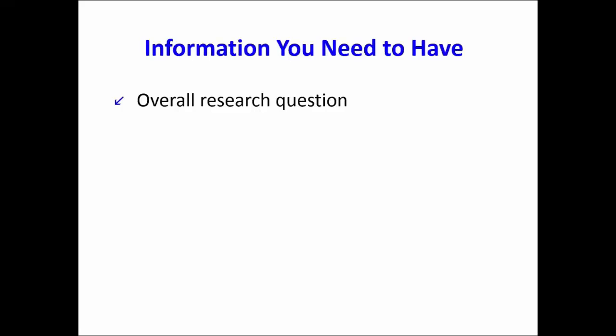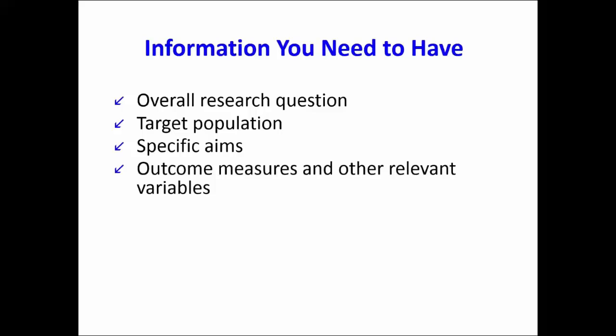When you come to us in your design phase, you would need to have some information to give us: the overall research question, the target population, and the specific aims. Quite often we find that specific aims and overall research question are not that close to each other. Then outcome measures: are you able to collect data that can address your aims?